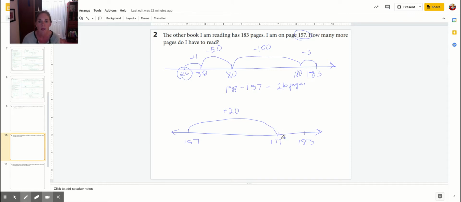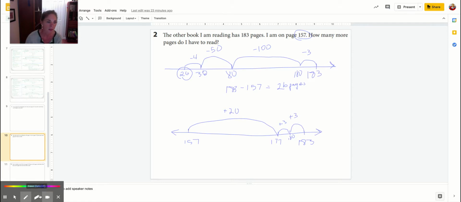All right. And then we have to fill in this gap. So 177, let's add 3 so we get up to 180. And then we know 180, we need to add 3 more. There's our 26 again.